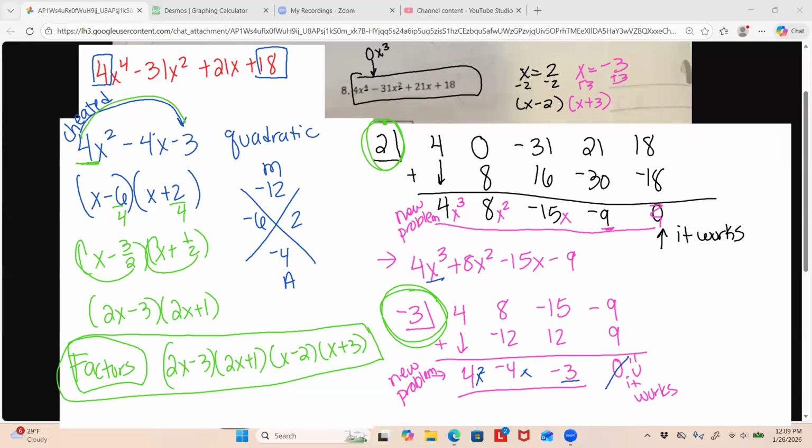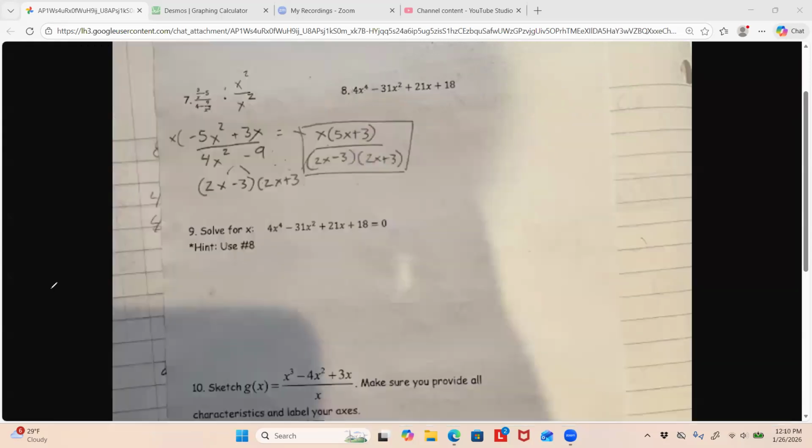All right, and then number 9 is basically the same question. Now just solve it. Okay, so we're going to take the factors we just got, and again, the order doesn't really matter here. So the factors we just got were 2x minus 3, 2x plus 1, x minus 2, and x plus 3, and just set them all to 0.